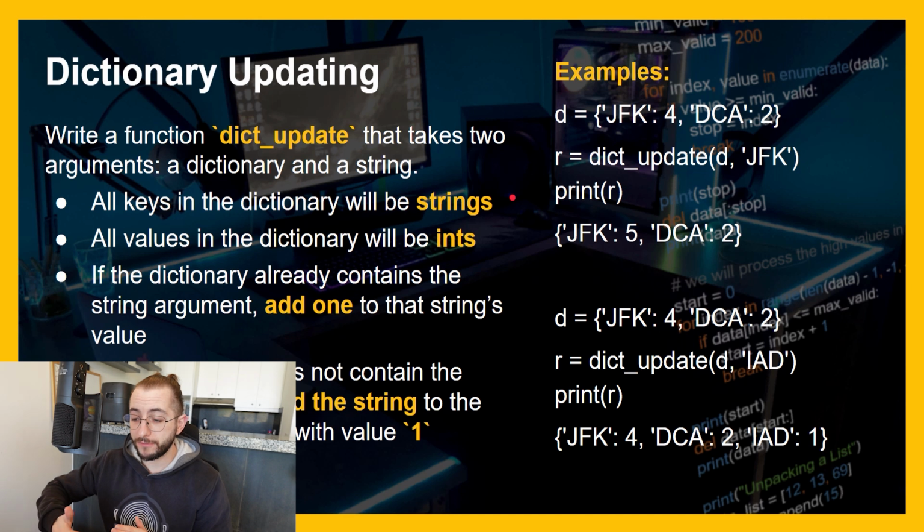So for example, if I call dictionary update and provide dictionary D with JFK, I should see when I print out R that I have JFK with a value of 5. Same thing holds true for the DCA, which does not change. Now, for example, right here, where I had JFK and DCA, and then I called dictionary update on the dictionary with IAD, you'll see that IAD was added with a value of 1.